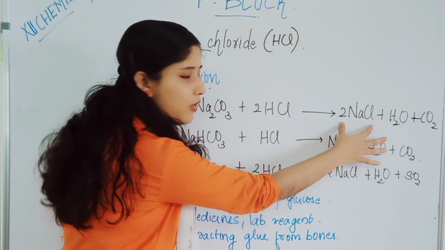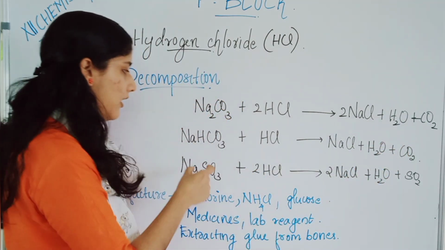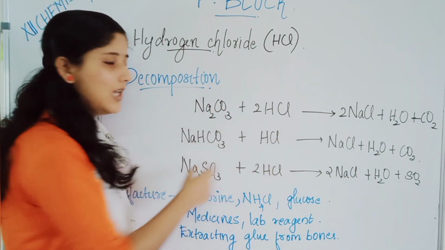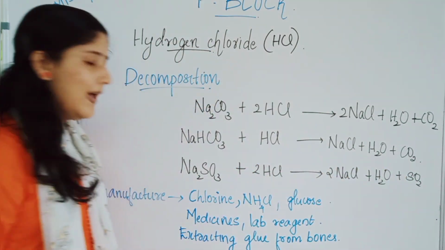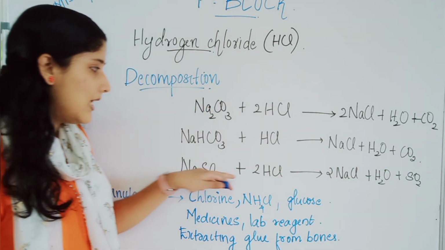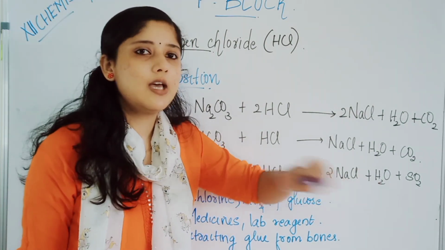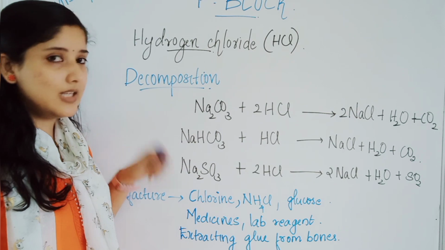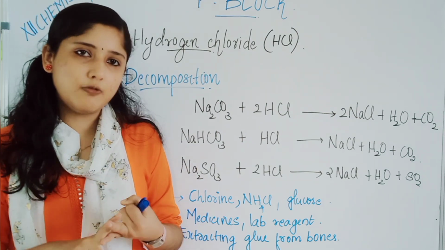Salt is formed and also carbon dioxide. NaHCO3 with HCl, you will obtain similarly NaCl plus H2O plus CO2. And when sodium sulfite reacts with HCl, you will obtain NaCl plus H2O plus SO2, sulfur dioxide gas. So, sodium chloride and also gases are formed.